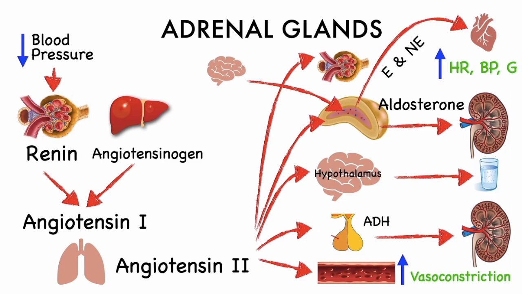But here's just a few: increasing blood glucose, increasing heart rate, even lipolysis, access to our fat cells, increasing blood pressure. All these things will increase blood pressure. Once again, that's the adrenal glands.